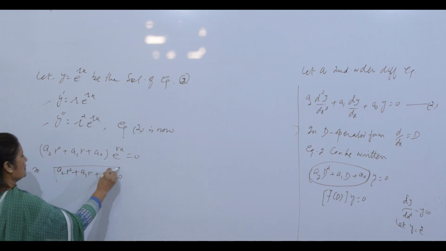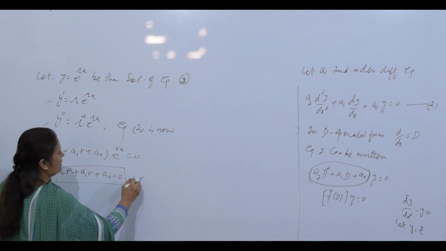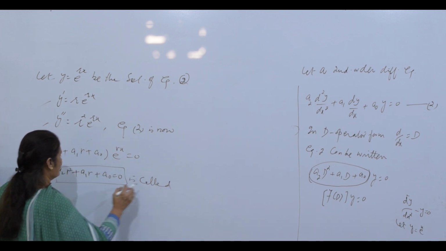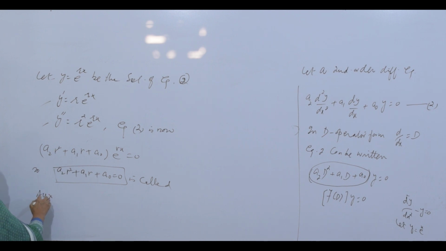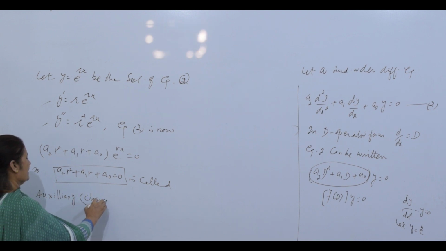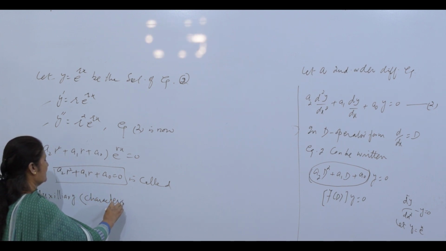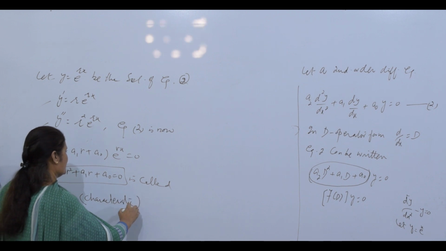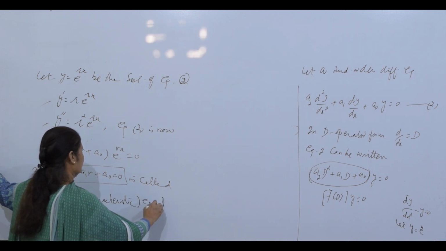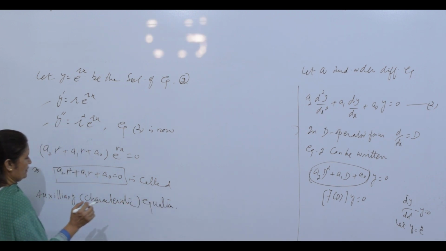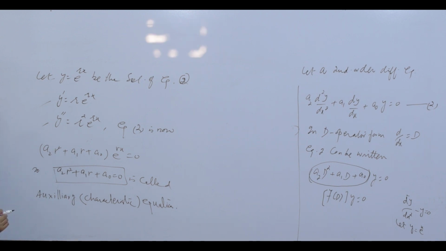This equation is called the auxiliary or characteristic equation.